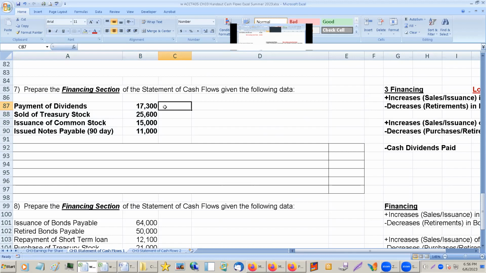Keyword: payment. Is your cash going up or down? Down. Yep, very good.